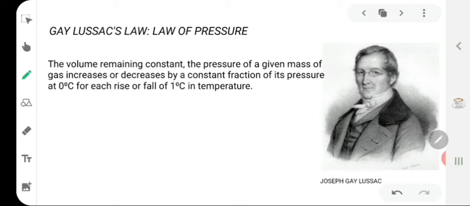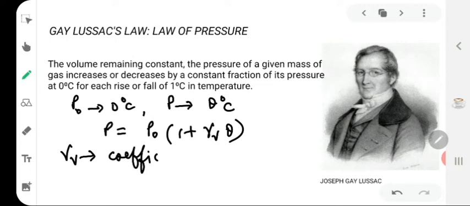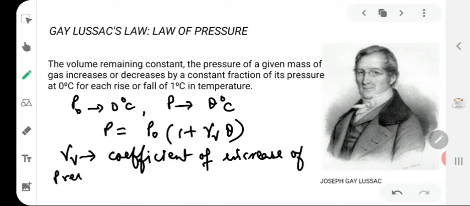So if P0 is the pressure of a given mass of gas at 0 degree Celsius and P is the pressure at theta degree Celsius, then according to Gay-Lussac's law, we can write down P equal to P0 times (1 plus gamma V times theta), where gamma V is the coefficient of increase of pressure at constant volume or the pressure coefficient of the gas.